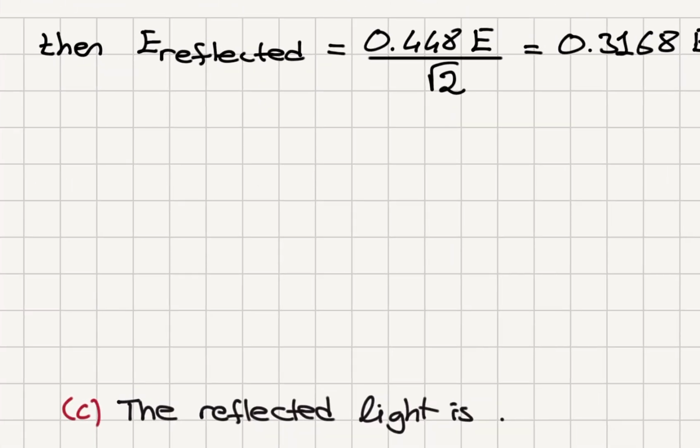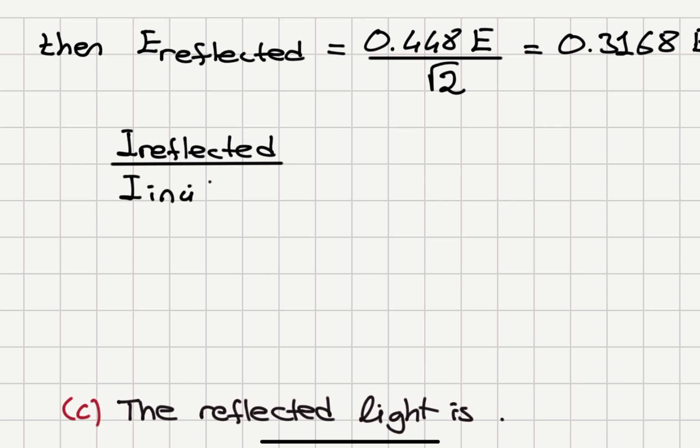Now I can look at the ratio of the intensity of the reflected beam, divided by the intensity of the incident beam. This is equal to the intensity is proportional to the electric field amplitude squared. That's something we know from the Poynting vector magnitude.